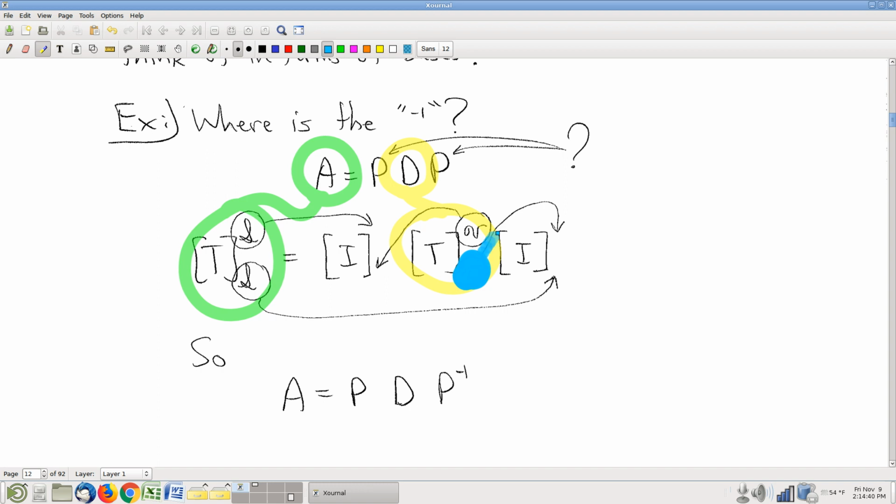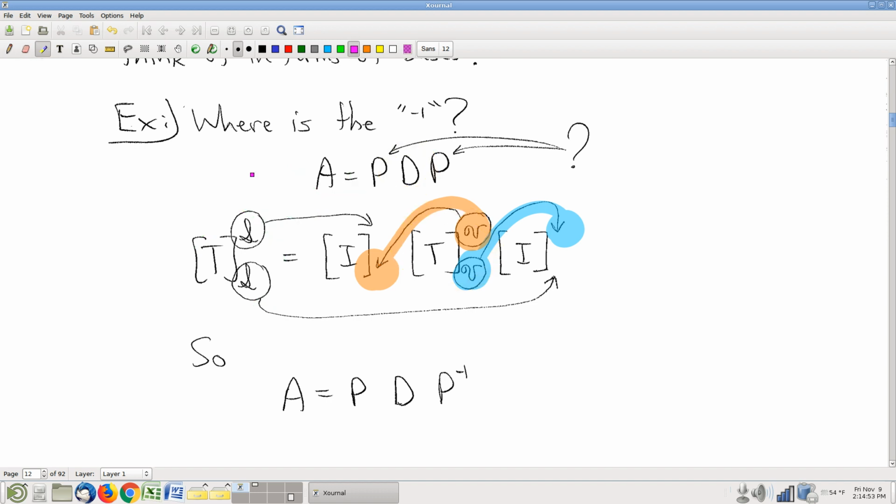Whatever is here has to be there, and whatever is here has to be there. That's just how the Legos have to fit together, right? So making that observation, there's really no choice as to where the inverse goes.